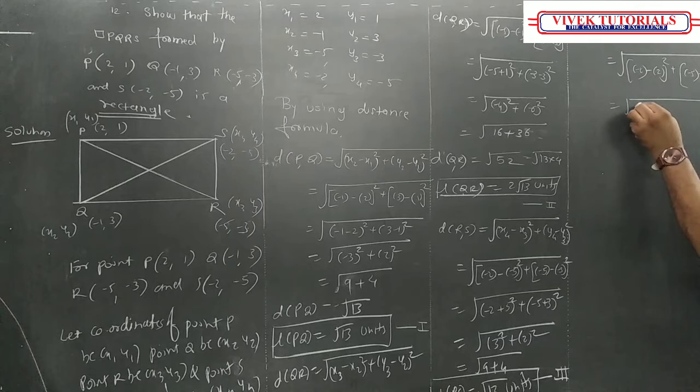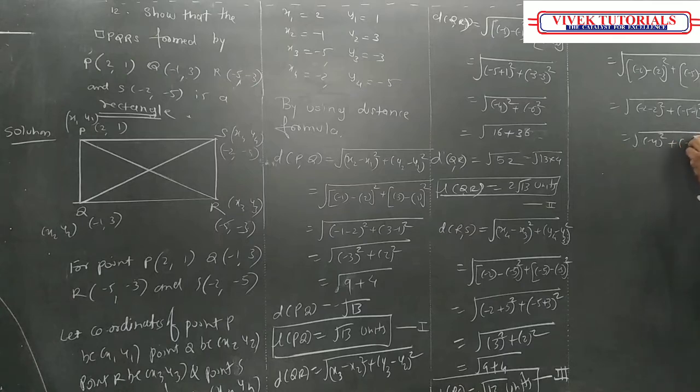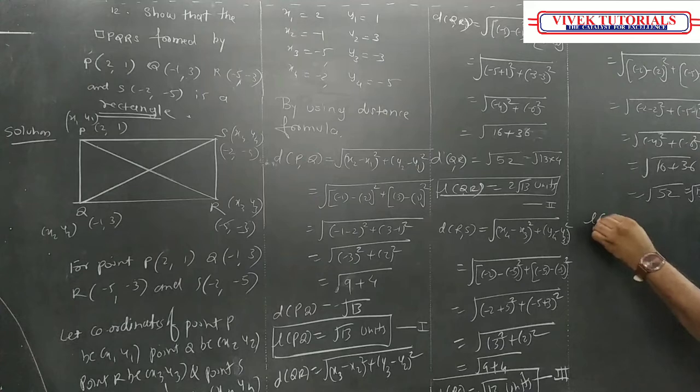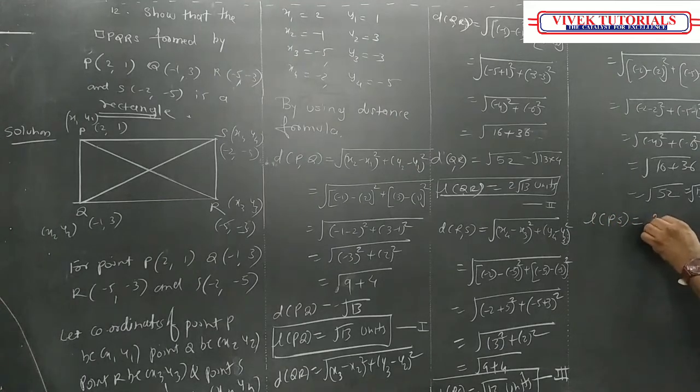So we are getting (minus 2) the whole square plus (minus 5 plus minus 1) the whole square. It is coming minus 4 square plus minus 6 square, which is 16 plus 36, 52. That is 13 into 4. And we are getting length PS is equal to 2 root 13 units. This is equation number 4.